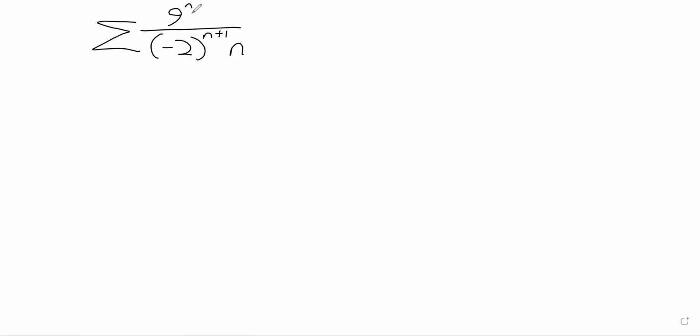And it looks divergent to me because we've got an exponential in both the top and the bottom, but 9 to the n is going to be a heck of a lot bigger than 2 to the n, or negative 2 to the n plus 1, as the case may be. And that n down there, I suspect, isn't doing much of anything compared to how big 9 to the n and 2 to the n are.